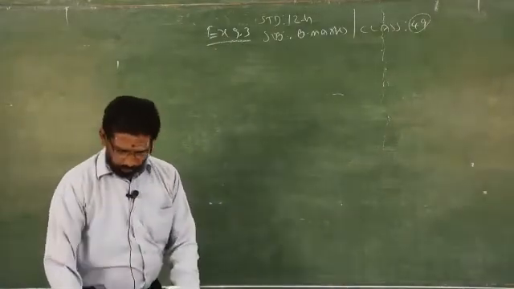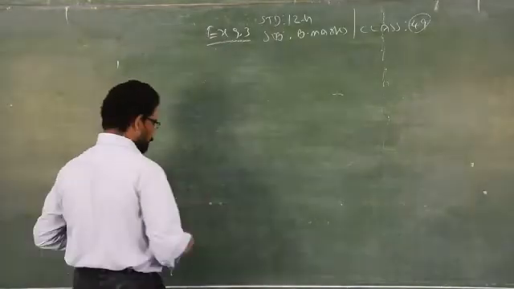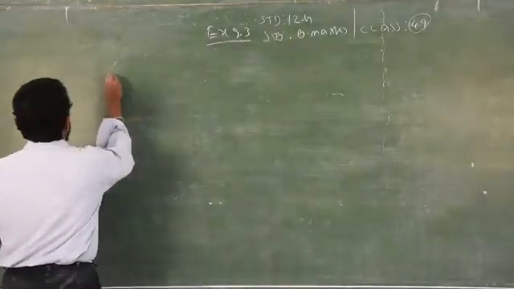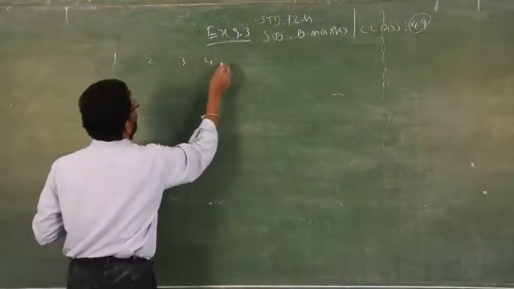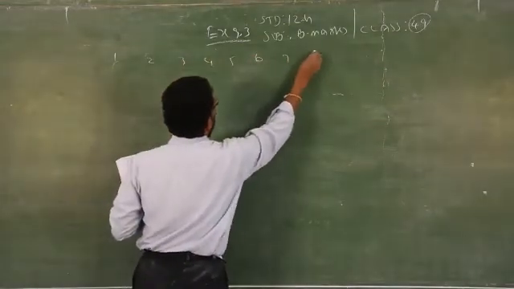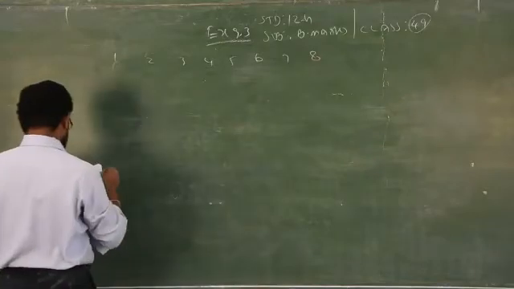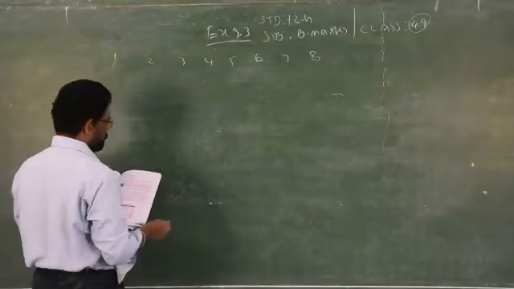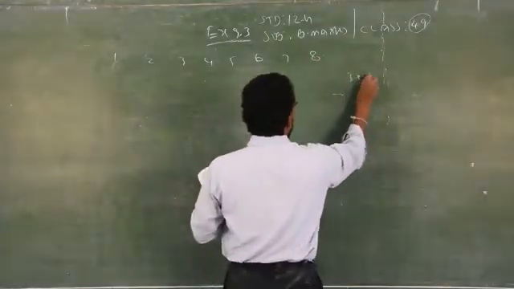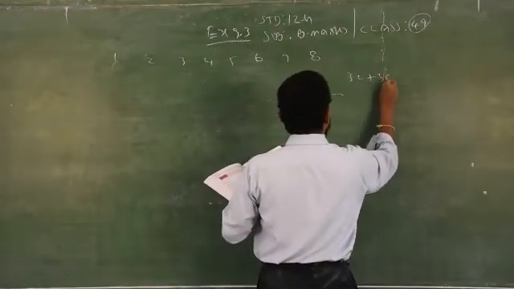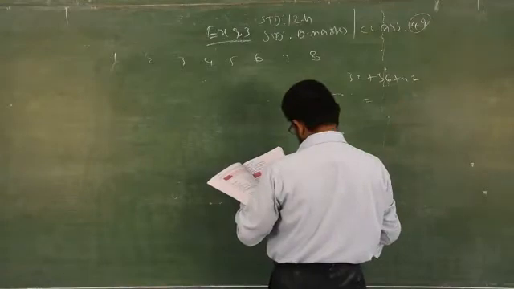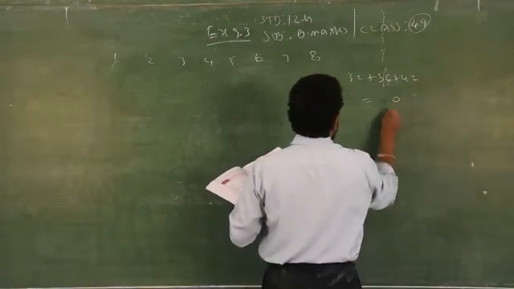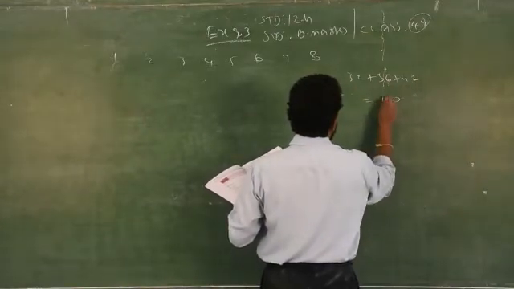the answer. I will tell you for one. I will upload only the mean alone. X bar, for how many samples are given? 8 samples: 1, 2, 3, 4, 5, 6, 7, 8. So for sample 1, add 32 plus 36 plus 42.